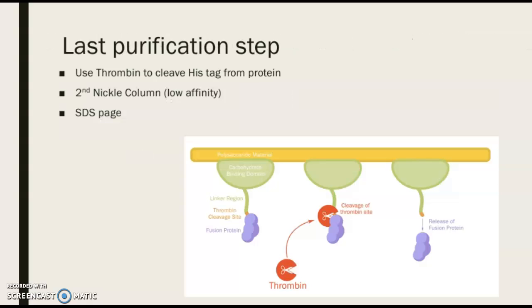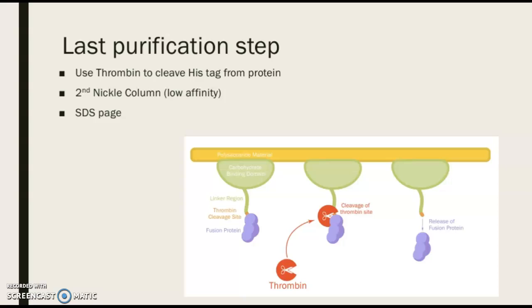The last step of purification is cleaving the His tag from the FAS protein. So we use thrombin. Thrombin is just a solution that we let sit with our solution that comes off the DEAE column. This is usually used overnight and can be as little as a couple hours. Thrombin will actually cleave the His tag right from the protein and leave our protein separate in the solution.